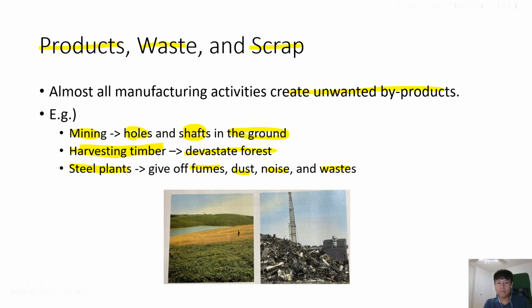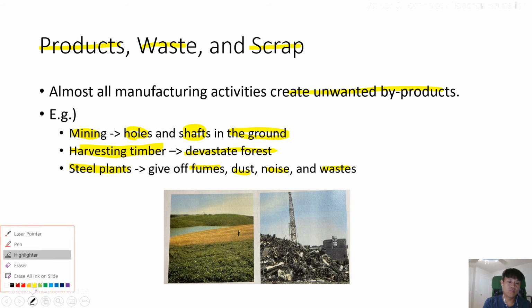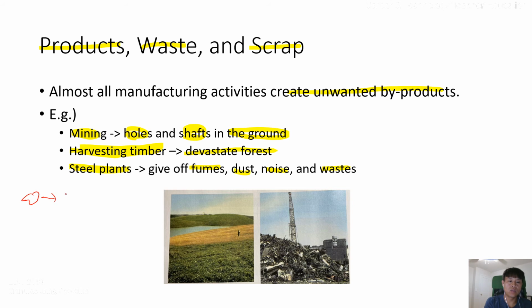To make steel, they have to get ore from nature, and then we put the ore into a furnace with charcoal. It needs an extremely high temperature, mostly more than 2,000 Fahrenheit.